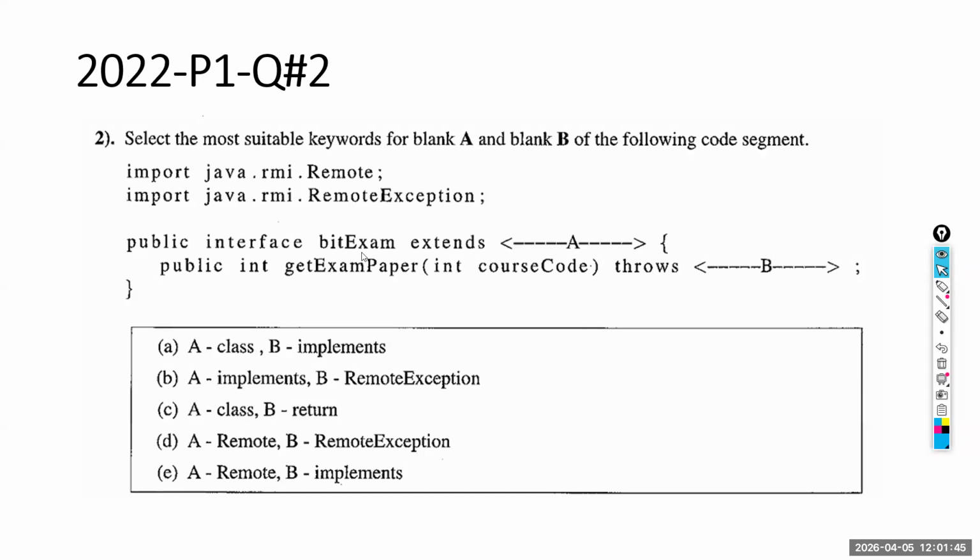So public interface BitExam extends this, public in getExamPaper, int courseCode throws this. So this is the interface. So what should be the exception? Remote exception, right? So then what do you need to extend?